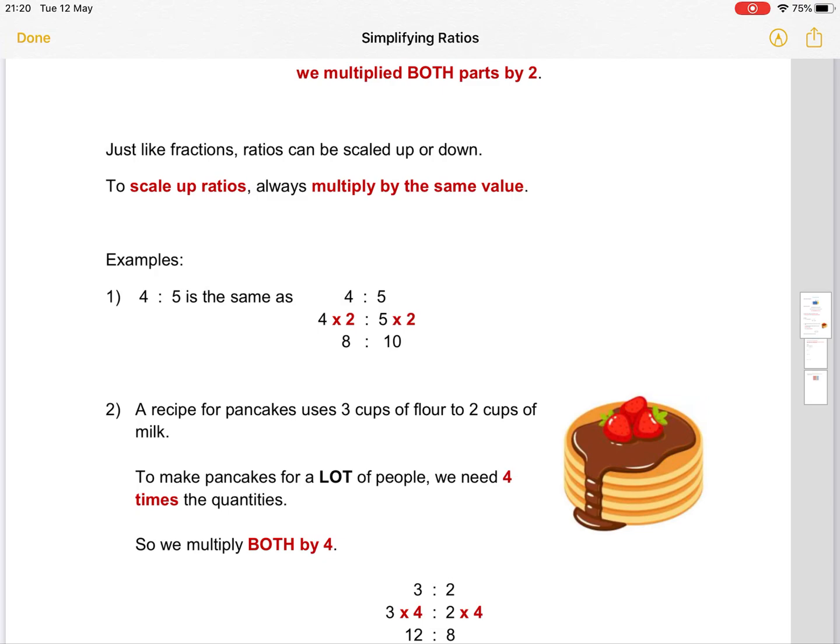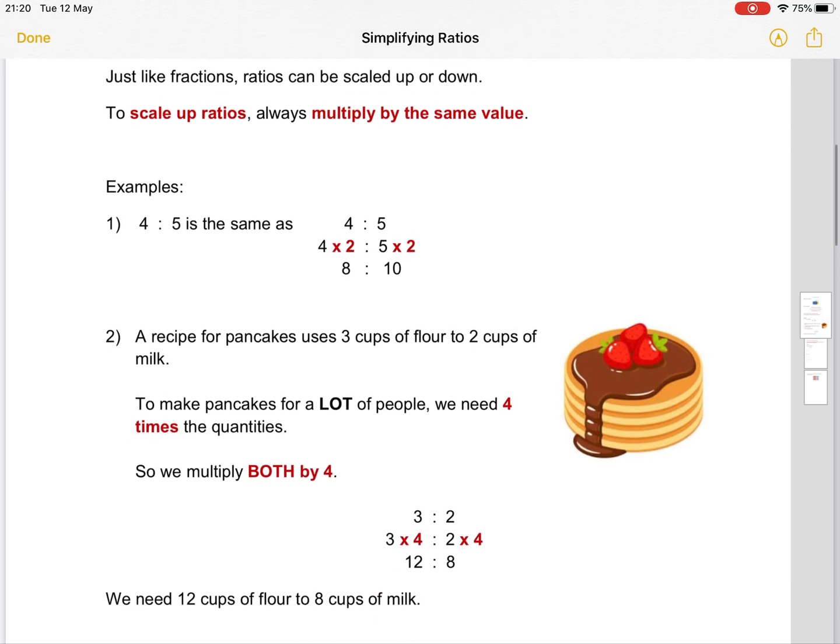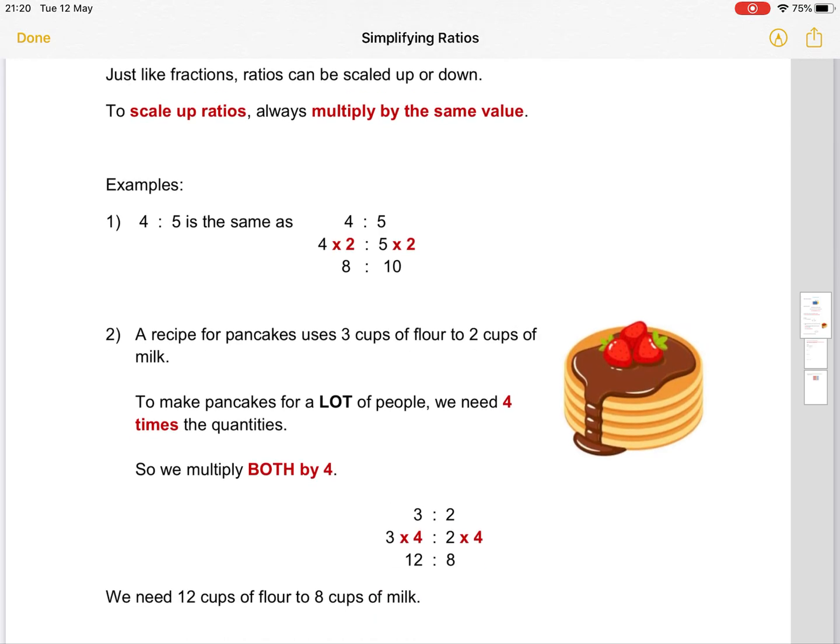To make pancakes for a lot of people, I need to multiply the recipe by a certain number, because I need a larger quantity. We need 4 times the quantity. So we multiply both parts by 4, the flour part and the milk part.